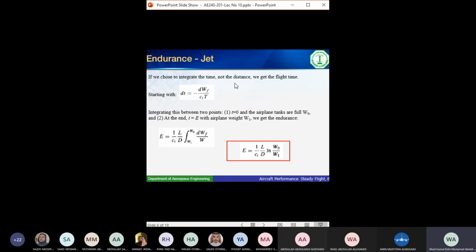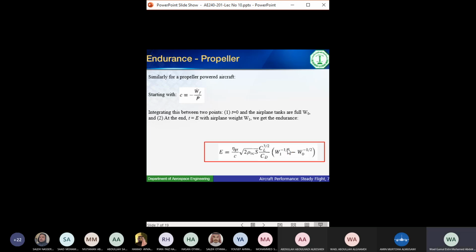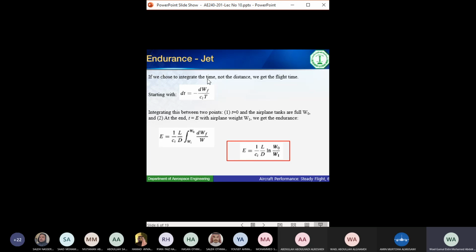So to improve the flight time of a jet aircraft, put more fuel, pick the airfoil that has maximum CL over CD, and use the engine that has the lowest fuel consumption, CT, thrust fuel consumption. And I don't need to tell you that we will do the same for propeller.